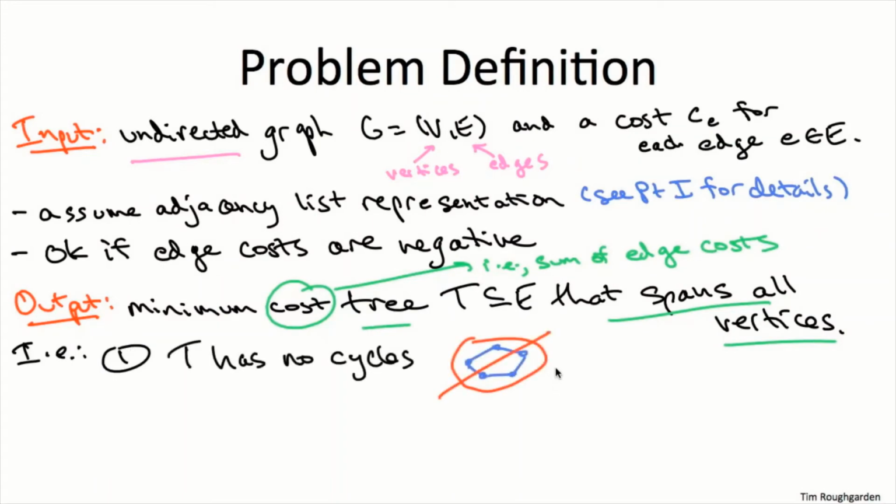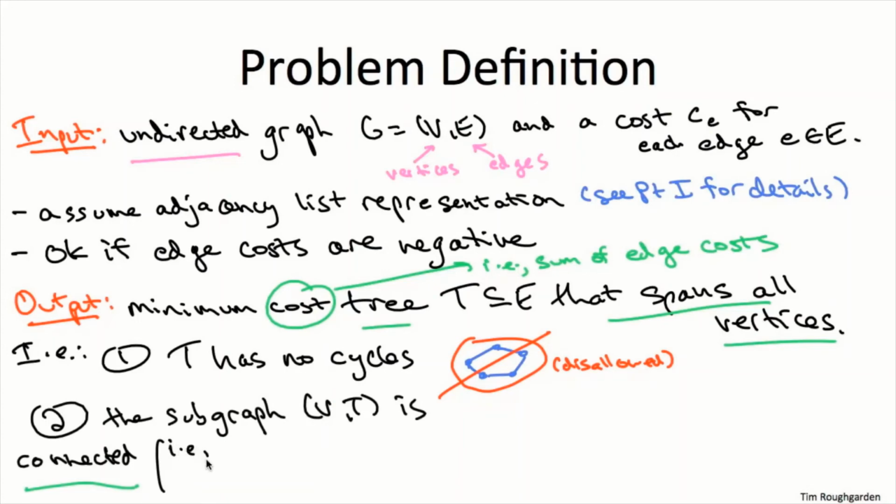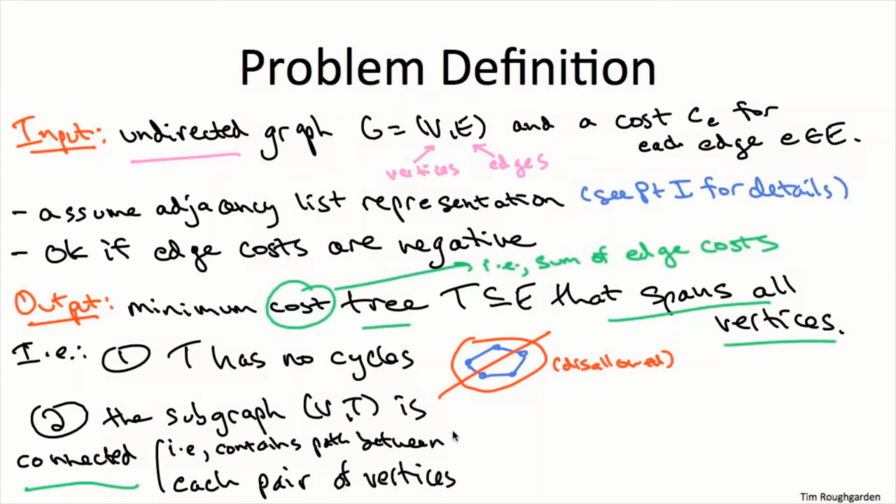This subgraph T should have two properties. First of all, there cannot be any cycles. There cannot be any loops in this tree. And by spanning all vertices, what I mean is that this subgraph is what's called connected. That is, there's a path using the edges in T from any vertex of the graph to any other vertex. That's what it means to span all of the vertices.